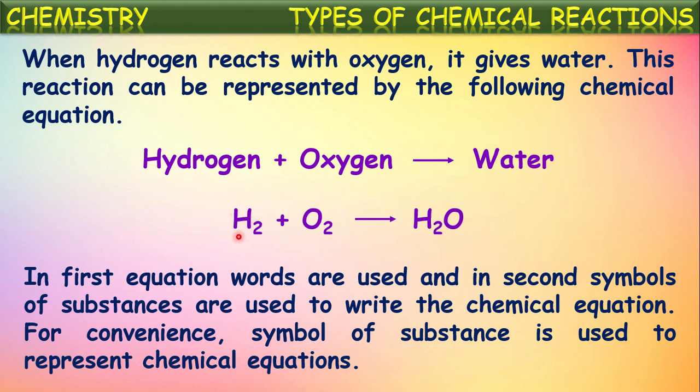So this simplification method is used to represent a chemical reaction, which we call a chemical equation. So this is the chemical equation for the reaction mentioned above. In this equation we use symbols and the formulae of the chemical substances participating and being formed. Okay.